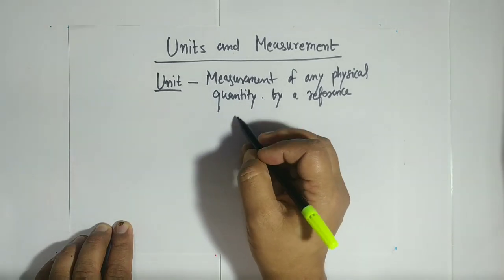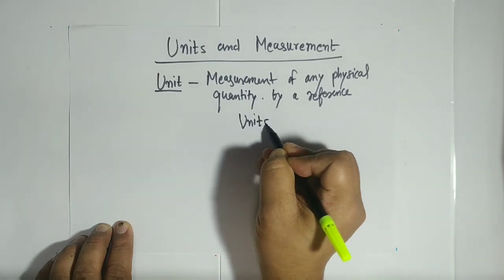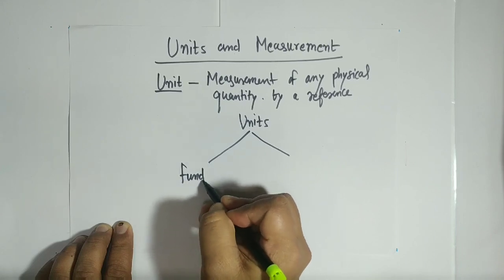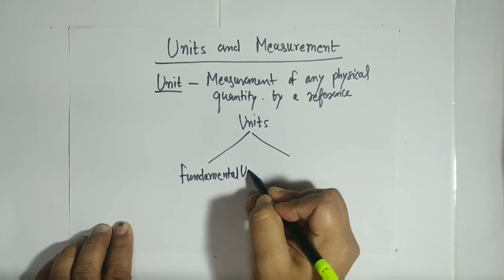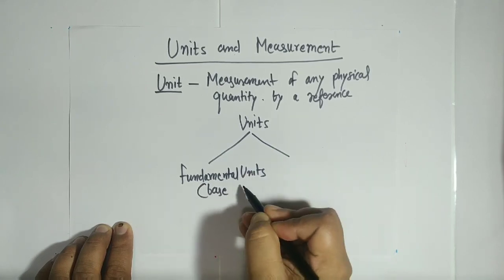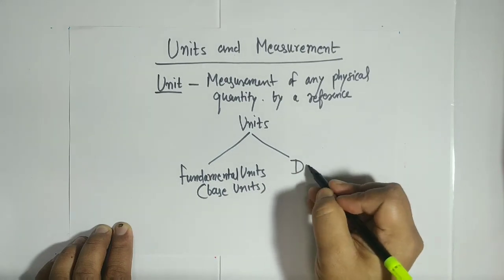And when we talk about units, they are basically of two types. One is the fundamental units, which we also say base units, and the other is derived units.